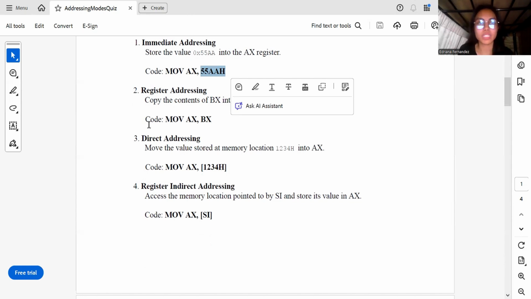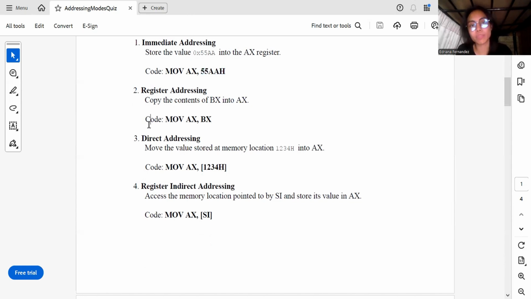Next, we have the register addressing. We just need to copy the contents of BX into AX. So technically, we just need this code, move BX to AX. Next is direct addressing. Move the value stored at memory location 1234H, this constant value, into AX. So again, move 1234H into AX.